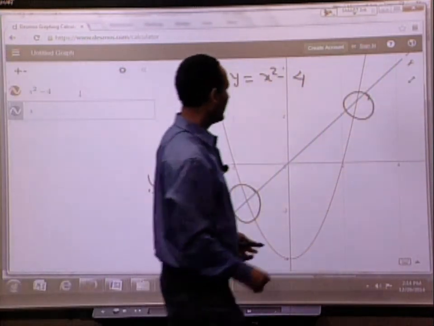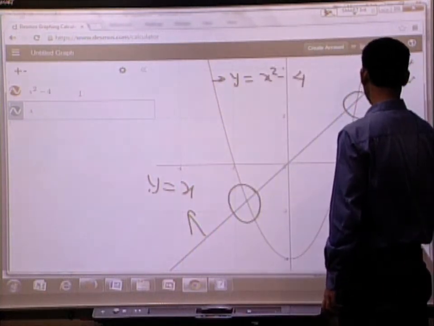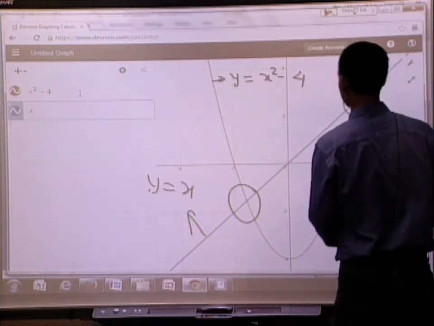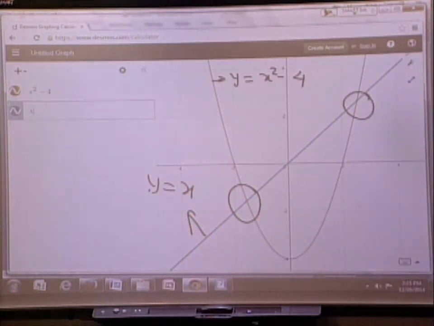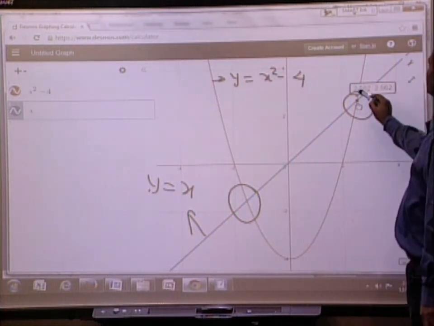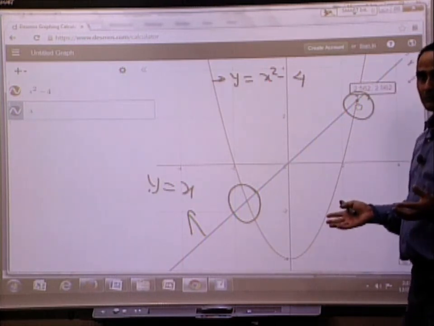For this point, let me see how much x is. For this point x is 2.562 and y is 2.562.